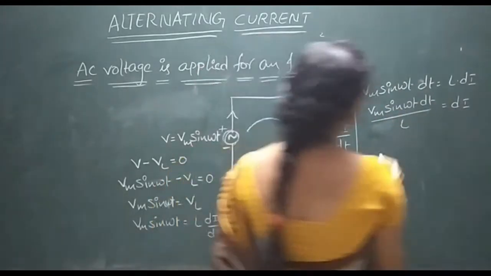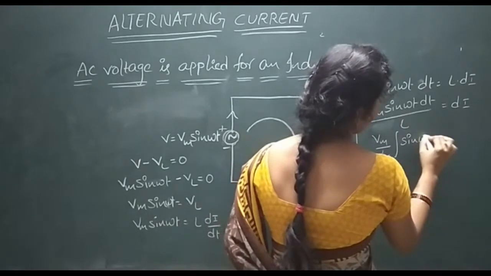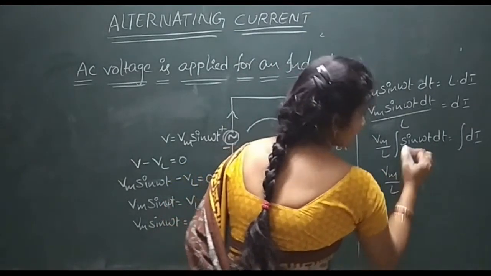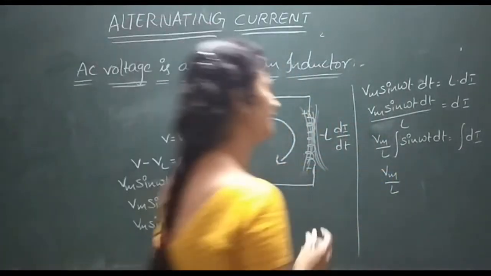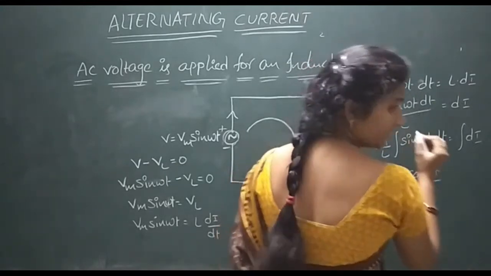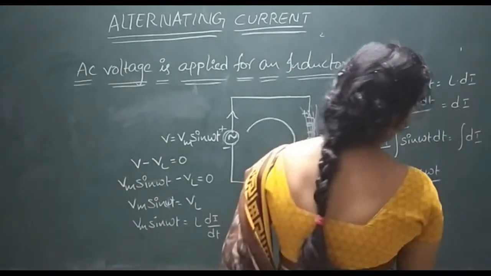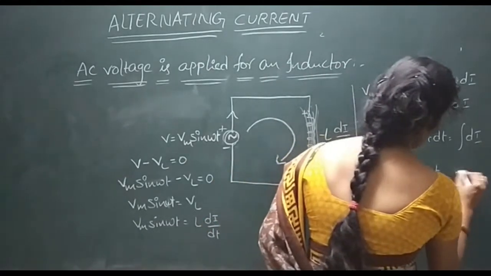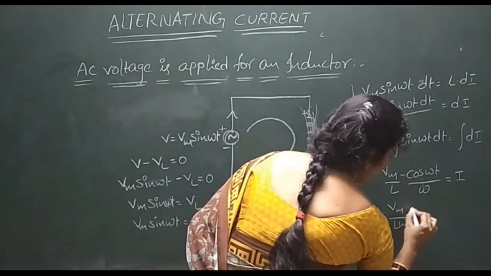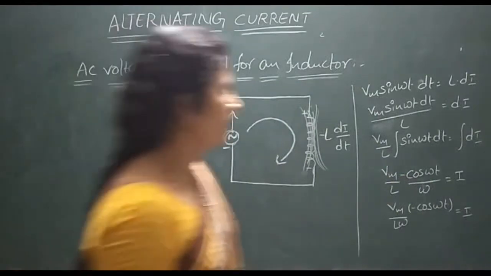Vm by L is a constant, so Vm by L times the integral of sin omega t dt is equal to the integral of di. The integral of sin omega t dt is minus cos omega t divided by omega, and that equals I. So this can be written as Vm by L omega times minus cos omega t, equal to I.